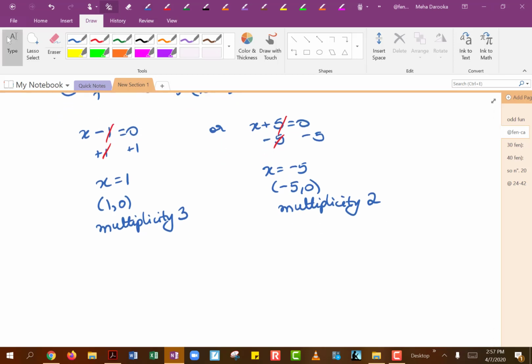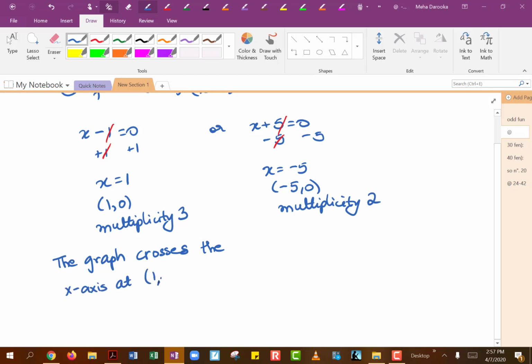Remember, when it's an odd number, your graph is going to cross. So we will say the graph crosses the x-axis at (1, 0).